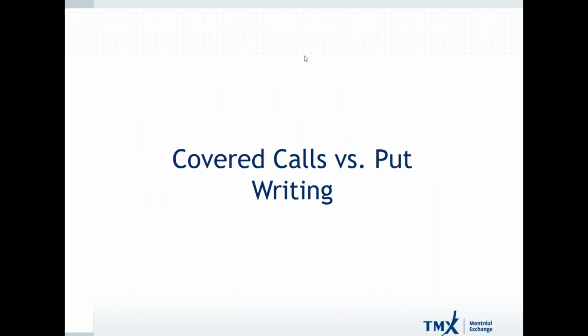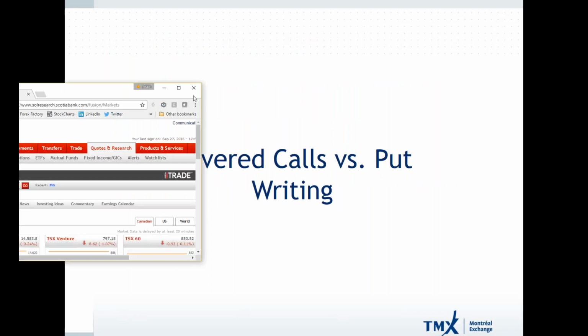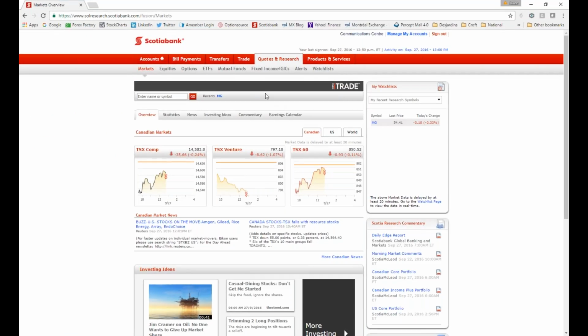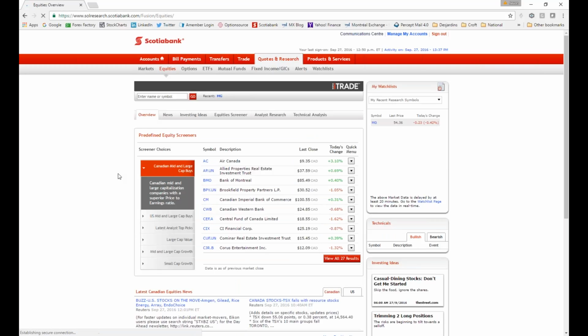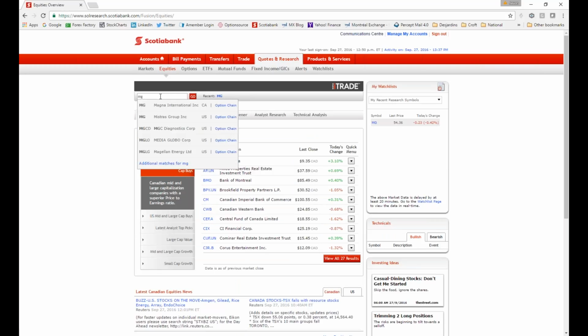So before we jump into covered call versus put writing, let's just take a quick look at the platform here. I just wanted to do a quick example of how we might implement a covered call strategy. I'm going to go over to equities here, and let's say, for example, I'm looking at Magna here on the Canadian side.